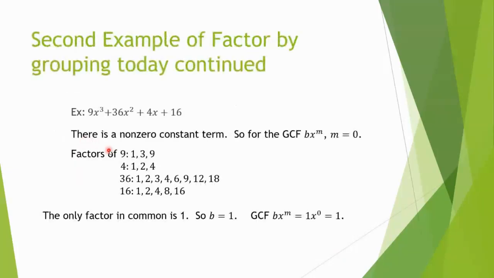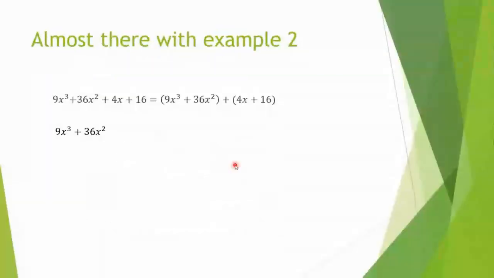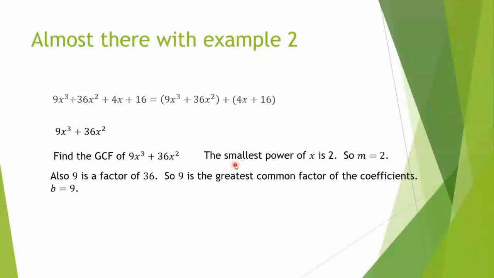If you look at 9 and 36, you can see that the biggest common factor is 9. Hence the GCF, b, is 9, and the greatest common factor of this first group is 9 times x squared.